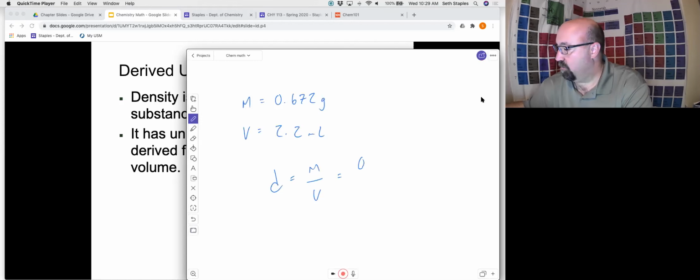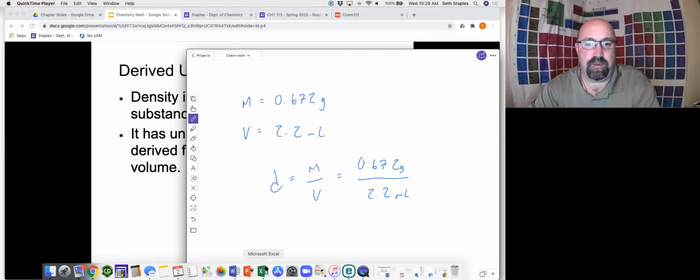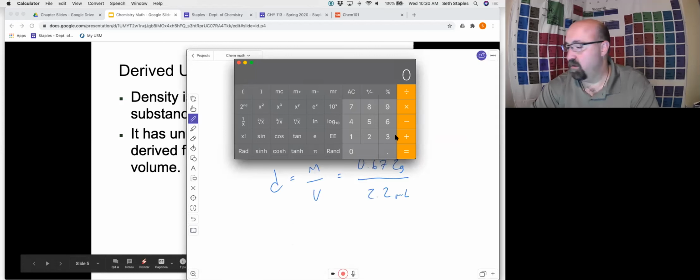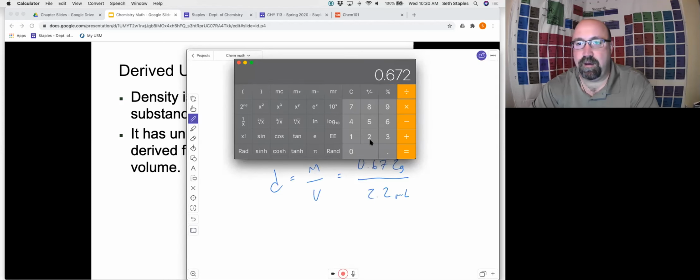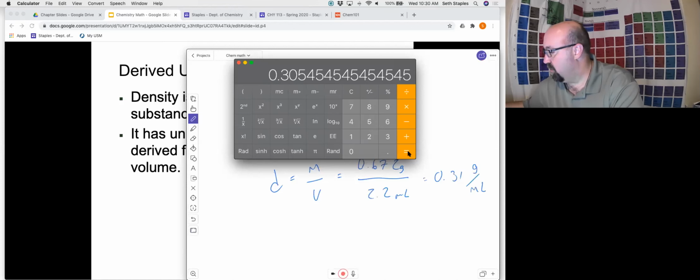So we're going to have our 0.672 grams divided by our 2.2 milliliters. And we calculate that out. Pull up my calculator here. And we get 0.672 divided by 2.2 milliliters for an answer rounded off of 0.31 grams per milliliter.